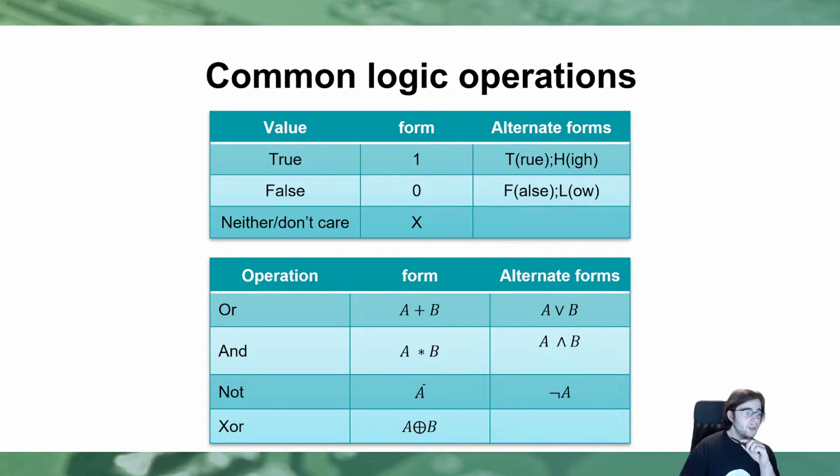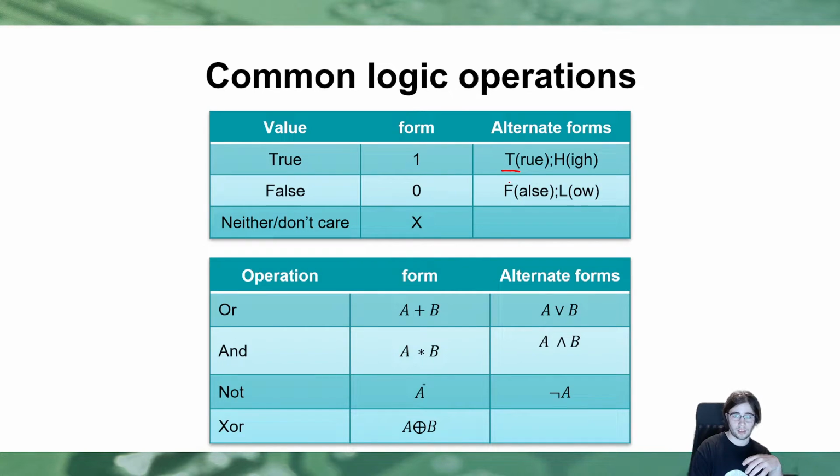Next one, common logic operations and syntax, of course. First of all, for our values, the first one, true, is basically if a value is true. Often we write that as a 1, or there are alternate forms.